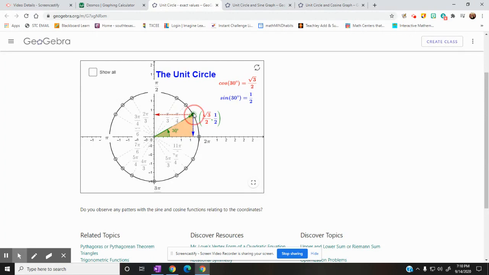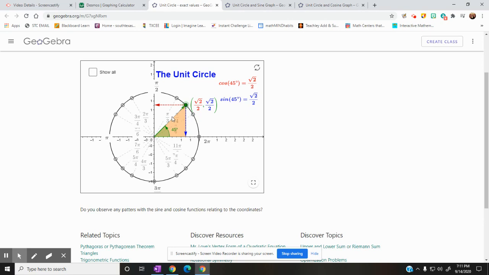And if you go to the next one, oops, let me see if I can get it. It was a 45, 45, 90, meaning this angle's 45, this angle's 45, right? We still know that the radius is 1, so the hypotenuse is 1, right? But to get the hypotenuse, we would do x times square root of 2.